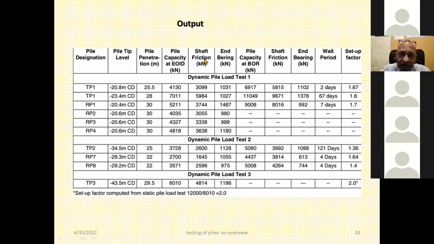You see here it is shaft friction. That is the friction component of the capacity of the pile. This is the end bearing component, that is the tip of the pile. So you can find these two different components. That is not possible in low strain, and that is possible in the load test, but that is a different kind of calculation required in that.